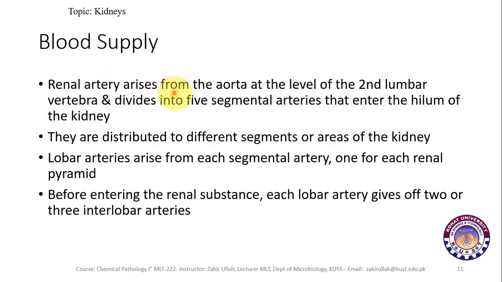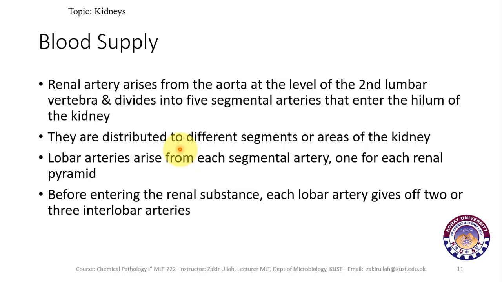The renal artery arises from the aorta at the level of the second lumbar vertebra and divides into 5 segmental arteries that enter the hilum of the kidneys. They are distributed to different segments and different areas of the kidneys.